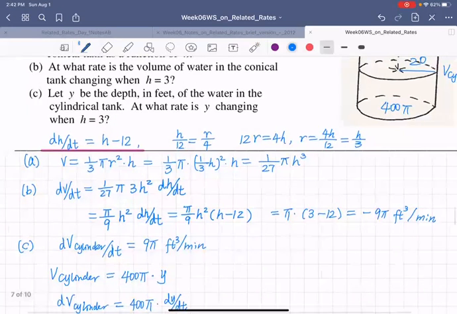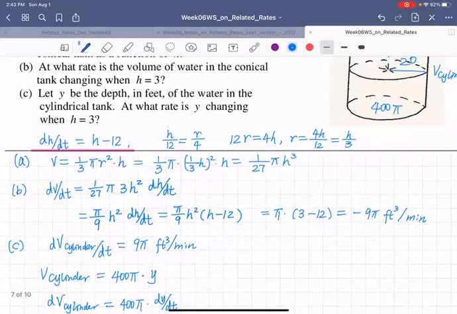Now, who is h? h is 3, right? Let's plug in. h equals 3, so pi times 3 squared, right?